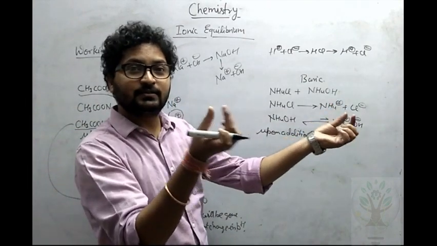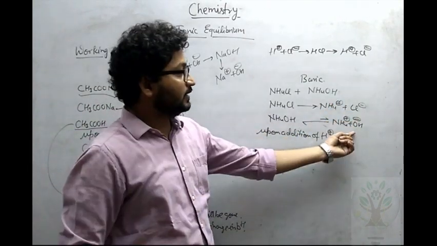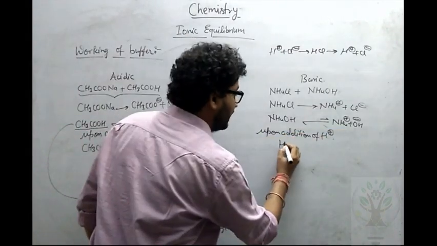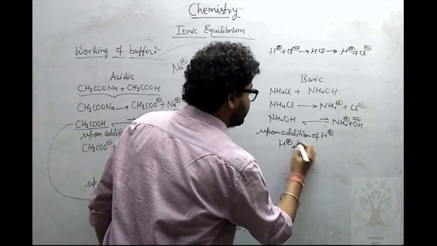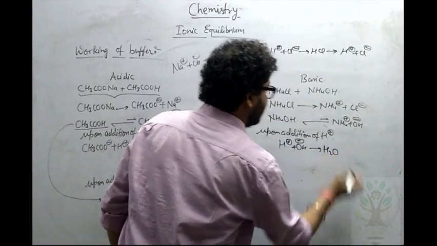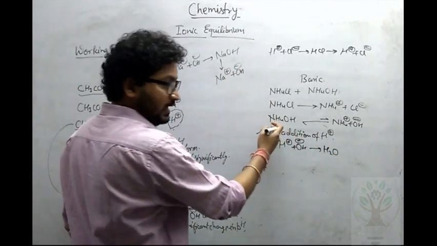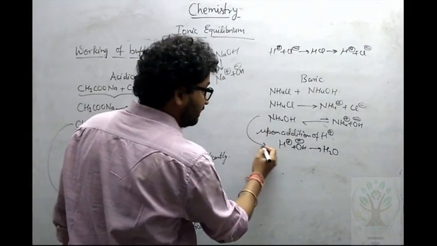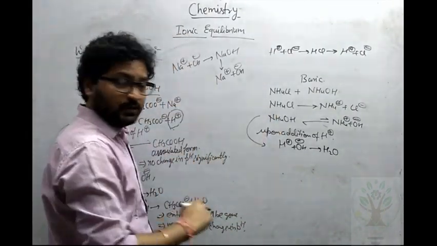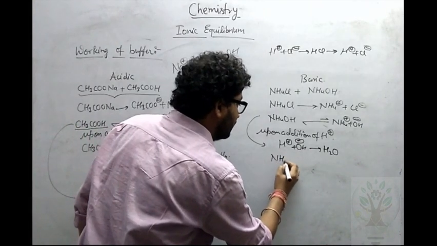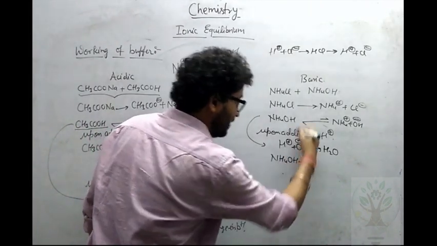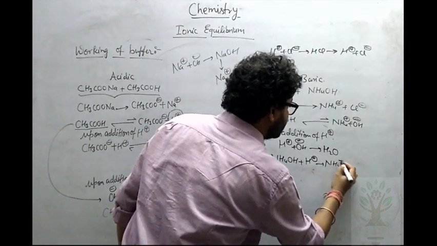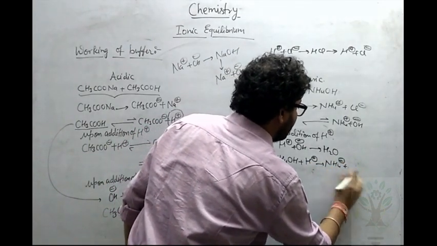Now, upon addition of H plus, who would like to interact with H plus? Remember, two villages, enemy of each other. It is OH minus. So H plus will react with OH minus, and you will get water. And what is the source of OH minus? NH4OH. So ultimately, who reacted with H plus? It is NH4OH. So adding these two reactions, I will get NH4 plus and H2O.